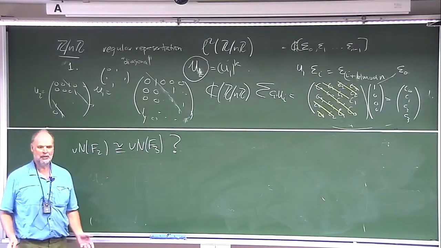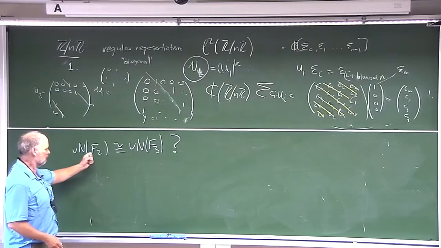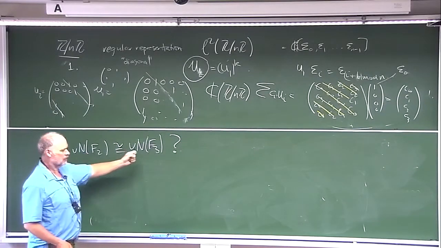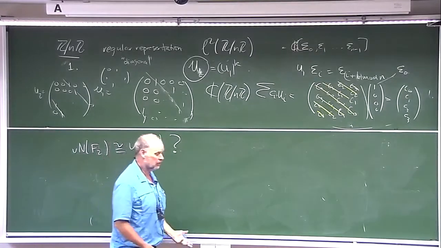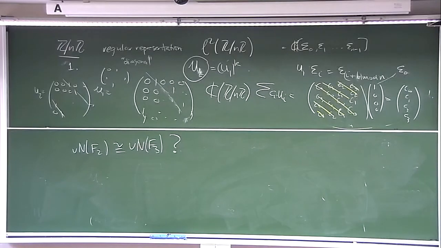Really simple question like that. Take these two von Neumann algebras, one with a free group on 2 and one with a free group on 3 generators, then are they isomorphic as star algebras? Unknown.